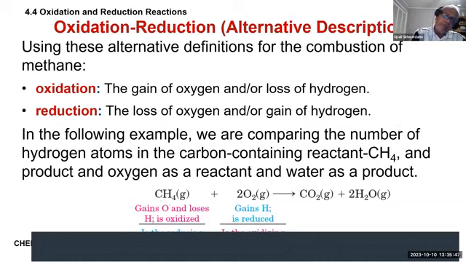This one is oxidized. Therefore, oxygen is reduced. Then the reducing agent and oxidizing agent, an idea similar to what we discussed. So for a combustion reaction, the alternative description of reduction and oxidation could be used.